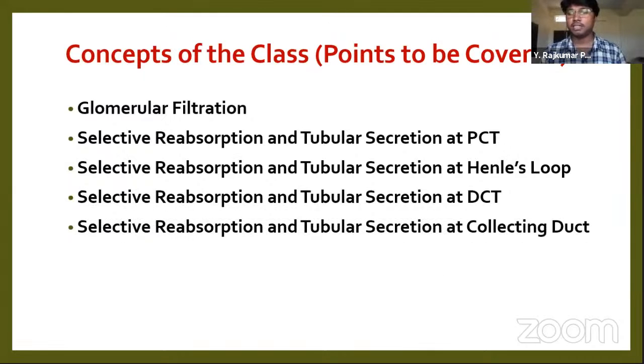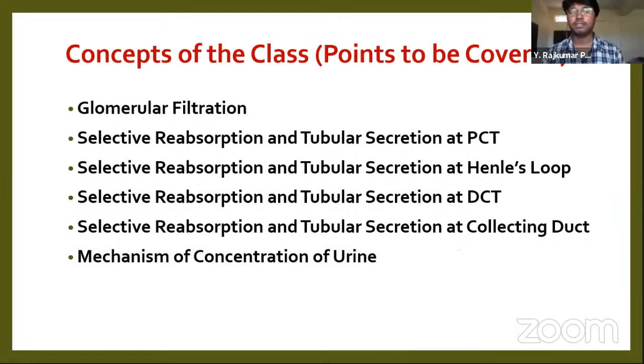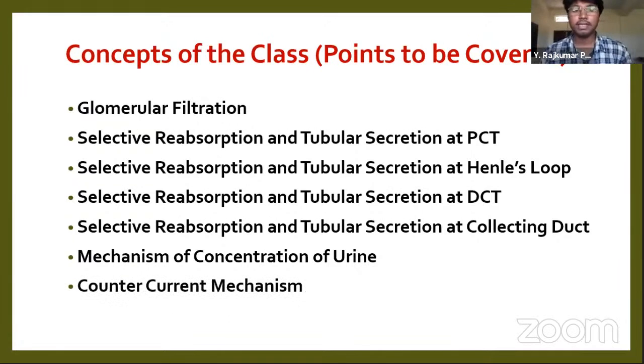We will also learn what happens in the collecting duct, and the mechanism of concentration of urine, because the concentration of urine keeps changing while it passes through the renal tubule. And finally, we learn the counter current mechanism, which is the most important concept.